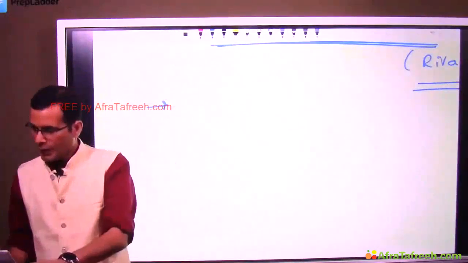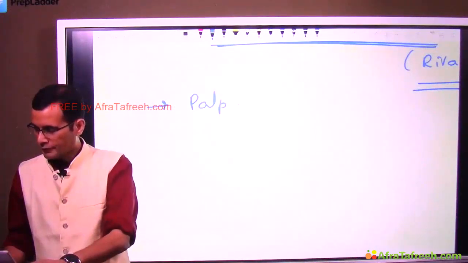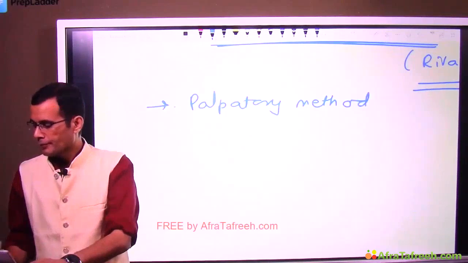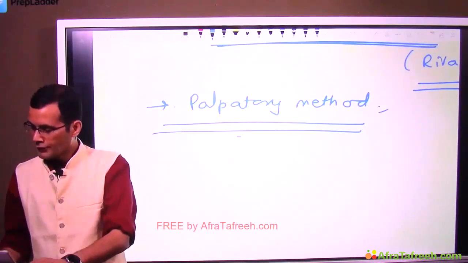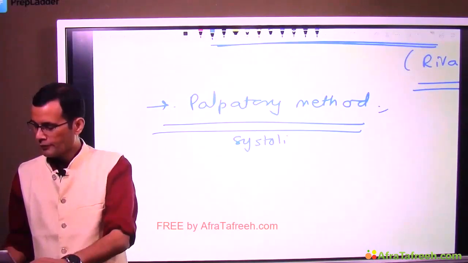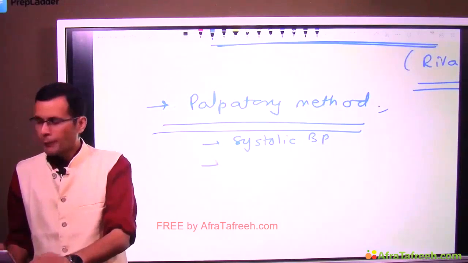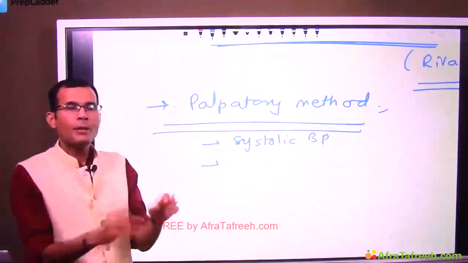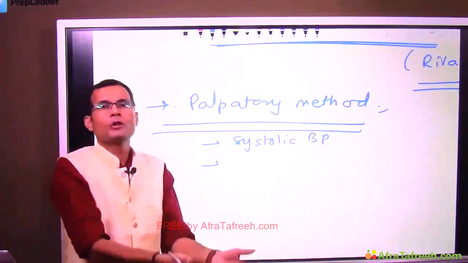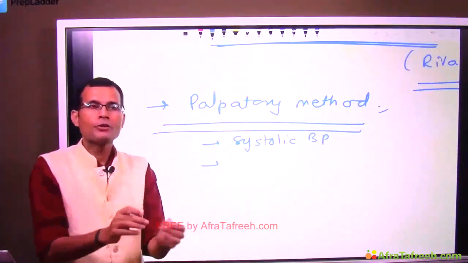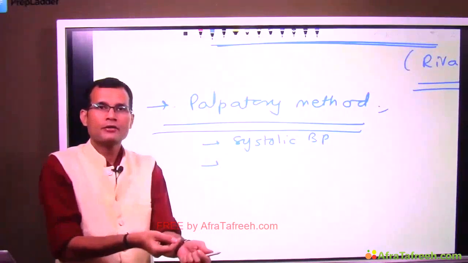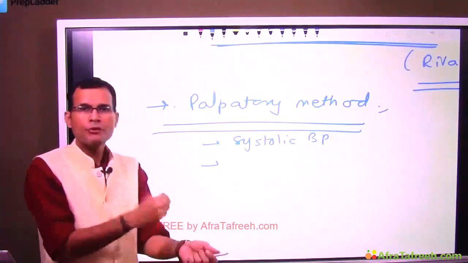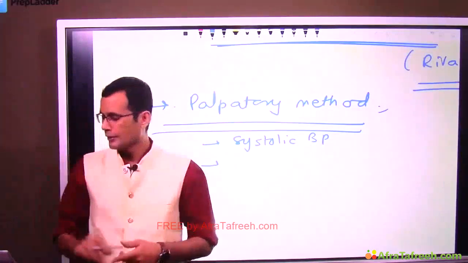First, there will be a palpatory method. In the palpatory method, we get only systolic blood pressure because we are palpating the pulse. Okay, and a pulse comes only with every systole. So we got only one indicator, and that is the systole in the heart, because with systole the pulse is coming, which we feel in the palpatory method.